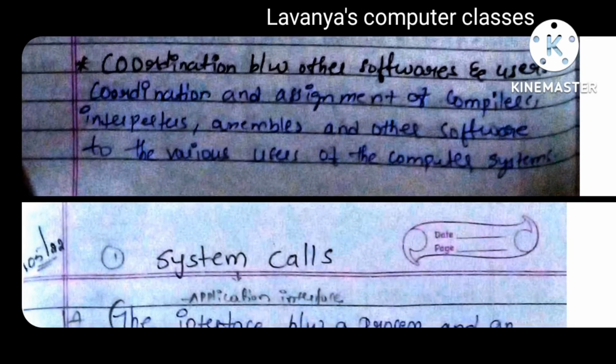So these all are the functions of operating system.